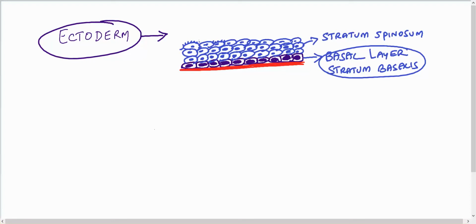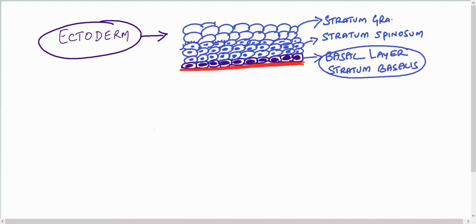Then this layer does not divide, it matures and forms cells called granular cells, granulosa cells, and this layer is called stratum granulosum.